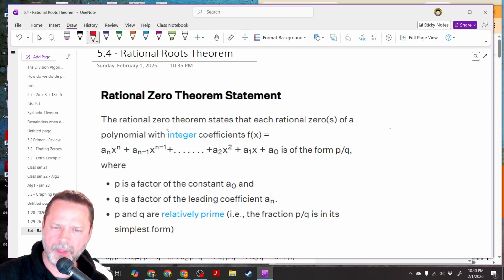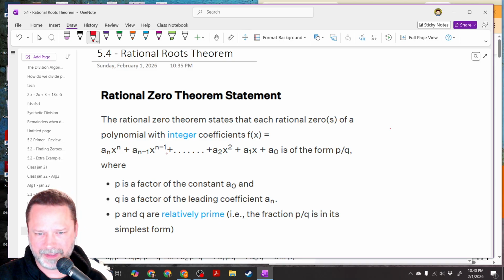The rational zero, or rational root theorem, states that each rational zero of a polynomial with integer coefficients f of x equals a sub n times x to the n, plus a sub n minus 1, x to the n minus 1, plus ... plus a sub 2 x squared plus a sub 1 x plus a naught is of the form p over q, where p is a factor of the constant a naught.